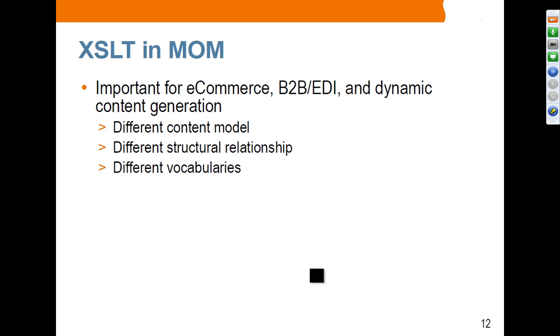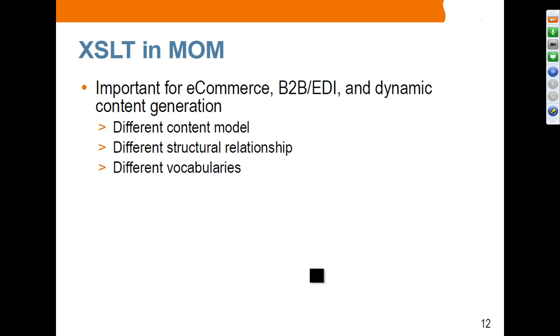Different structure and relationships: the same customer data might be converted to a different format. For example, a name. The original data might have a first name, middle initial and last name, but the shipping department might want a structure of the full name rather than those three different elements.